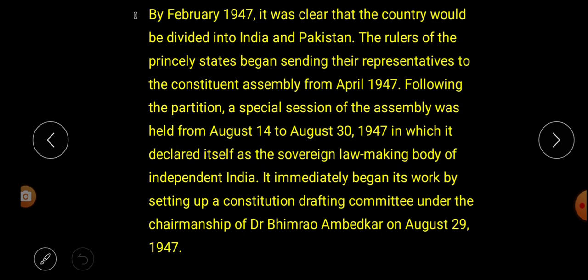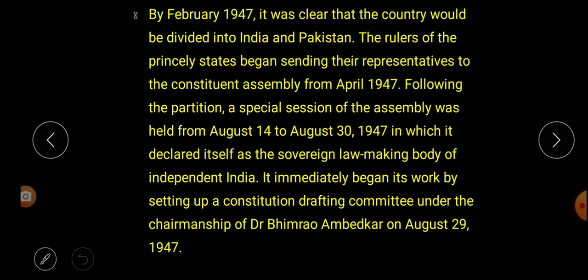That means following the partition, the division of India and Pakistan, there was a special session held in the assembly from August 14 to August 30 in the year 1947. And in that assembly, it was declared the sovereign lawmaking body of independent India. That means India was declared a sovereign or most powerful lawmaking body of independent India.